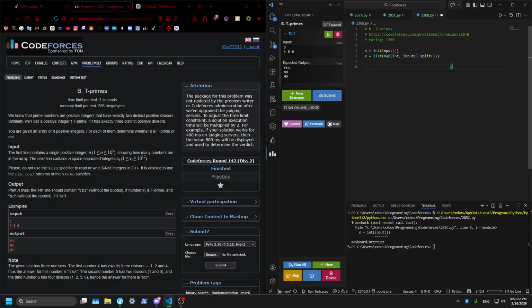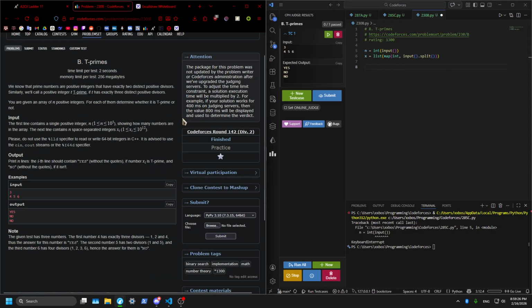It says binary search, implementation, math, number theory. 1300 rated problem.